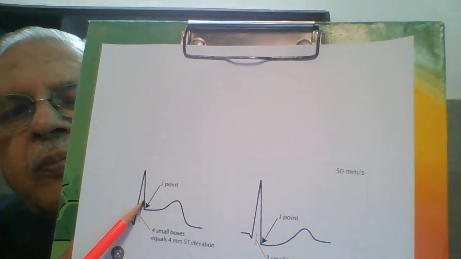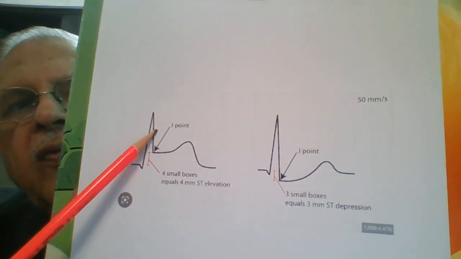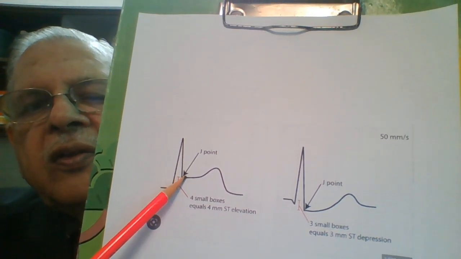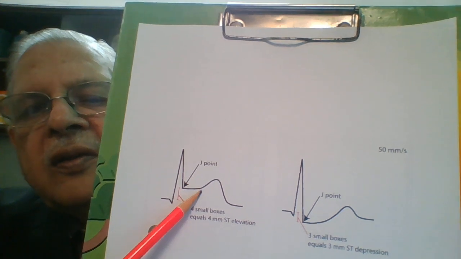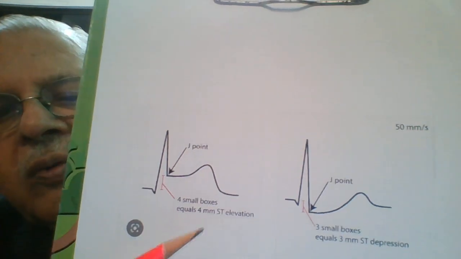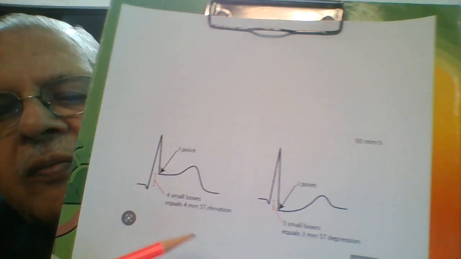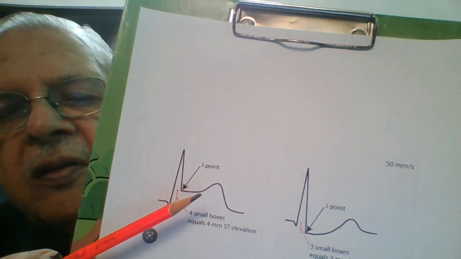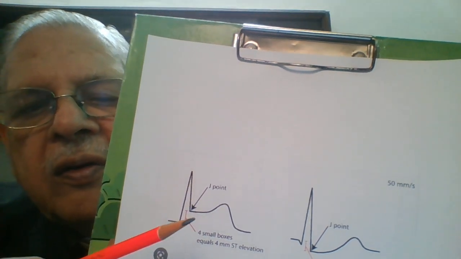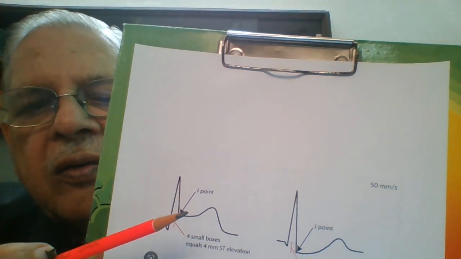The J point is the point on the ECG where the S wave joins the ST segment. This line is showing the ST segment. Okay, I make it more clear. See, this is the ST segment, and this is the S wave, the wave which is coming down.